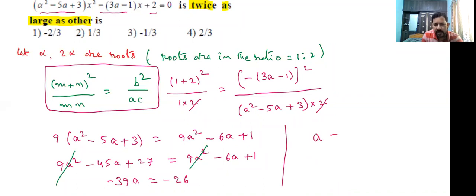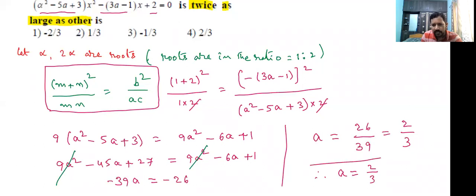Now finally the a value is 26 by 39. See the calculation, 13 2s are 26, 13 3s are 39. Finally the a value is 2 by 3. This is the correct answer. Verify the options. Which option is correct? The fourth option is correct.